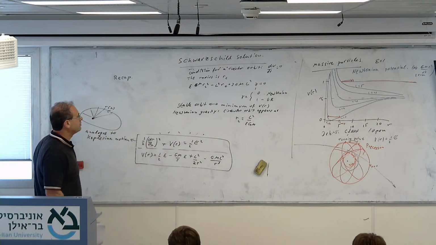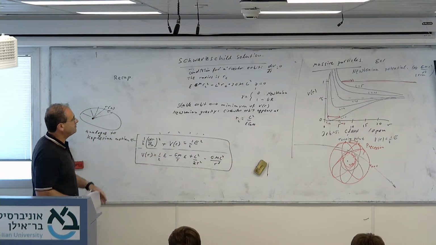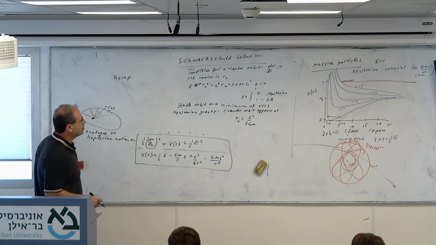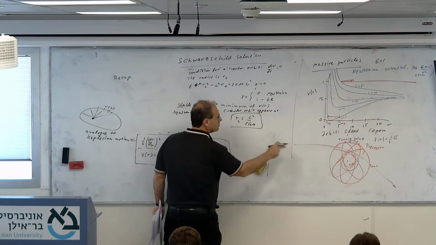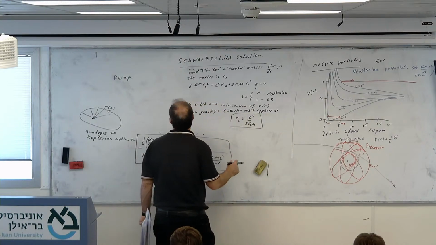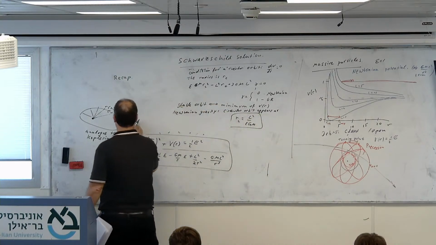Now let's do the same for GR. So this is the circular orbit using trajectories.